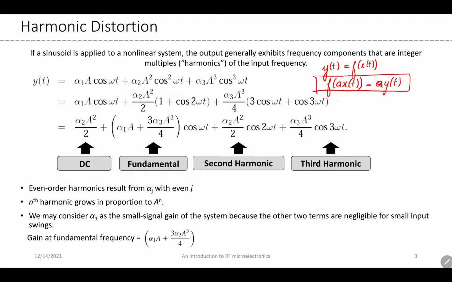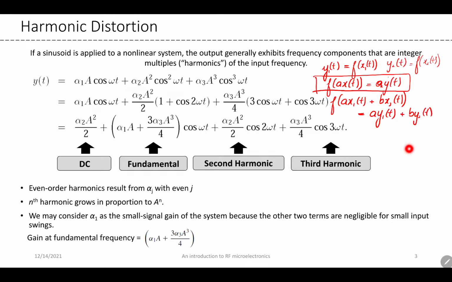Also, if I have as an input a times x1 of t plus b times x2 of t, and each of these follows the same behavior, so x1 of t gives y1 of t and x2 of t gives y2 of t, then a scaled combination of these should be equal to a times y1 of t plus b times y2 of t.